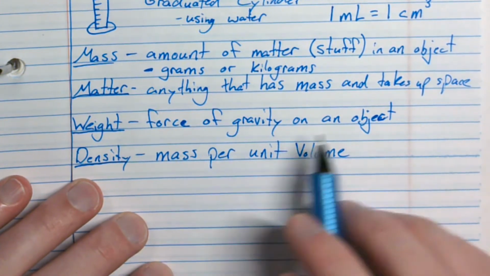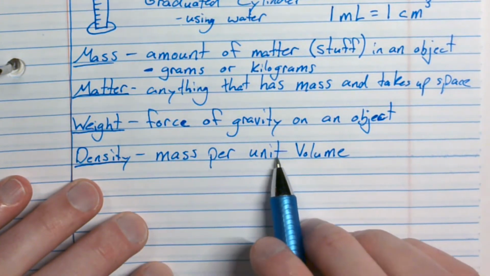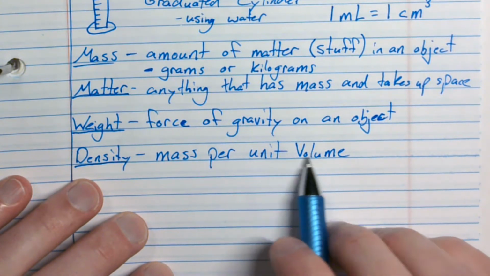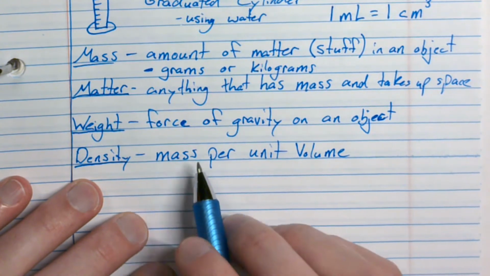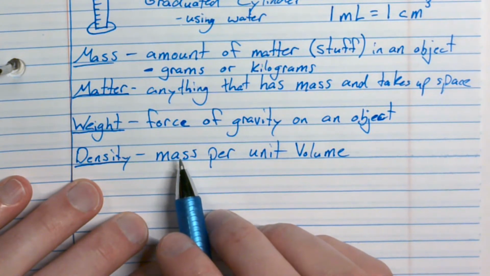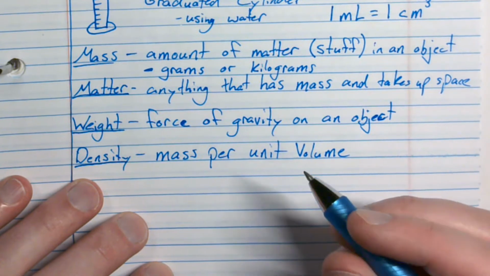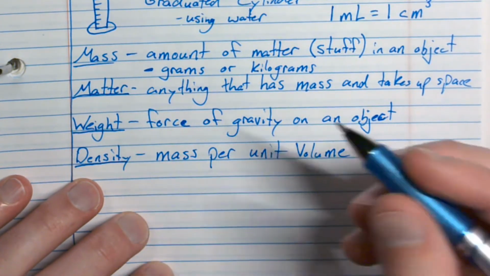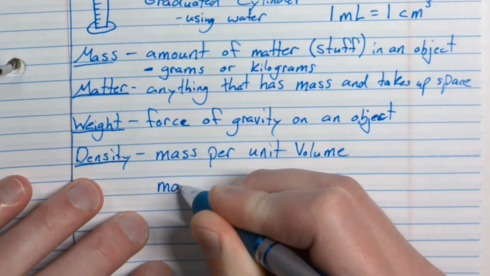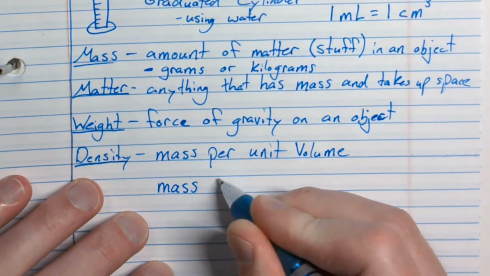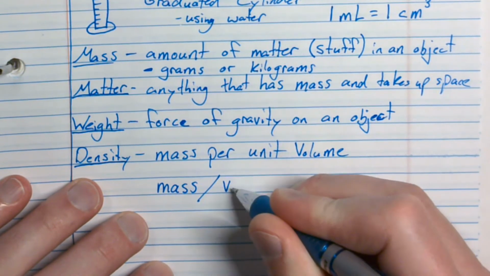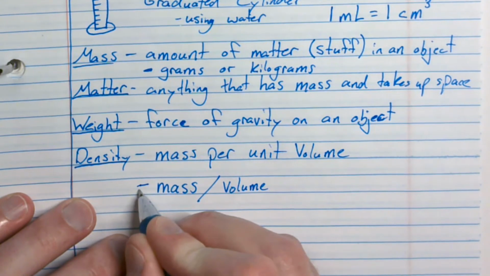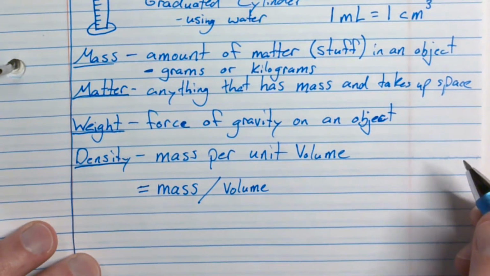You can look at it like miles per hour. This many miles per 1 hour, like per unit time. So anyway, we would need to find our mass and how big it is, and then just divide the two. So we would just write mass divided by volume equals.